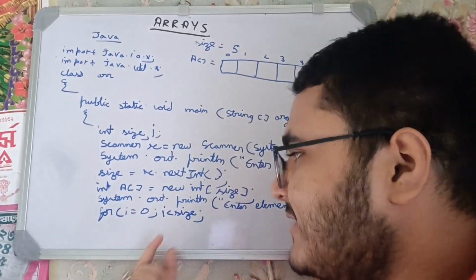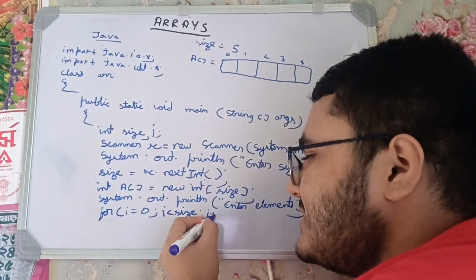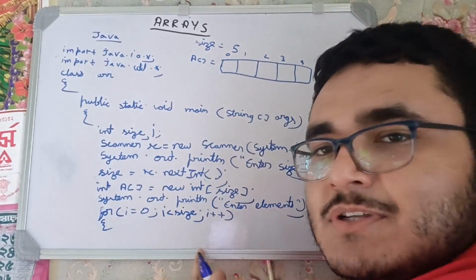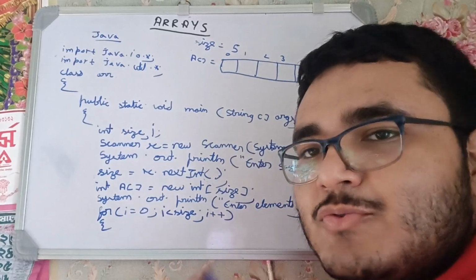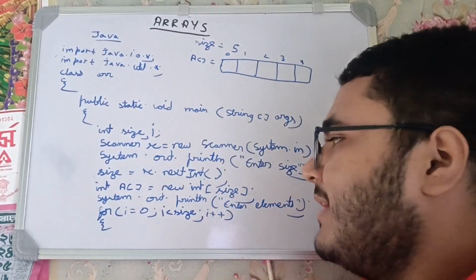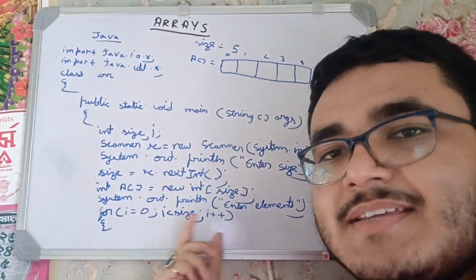Up to 4 less than 5, the loop will run. And i plus plus, opening brace. i plus plus is for the updation of the loop, i increases by 1. So i is equal to 0, i less than size, i plus plus.